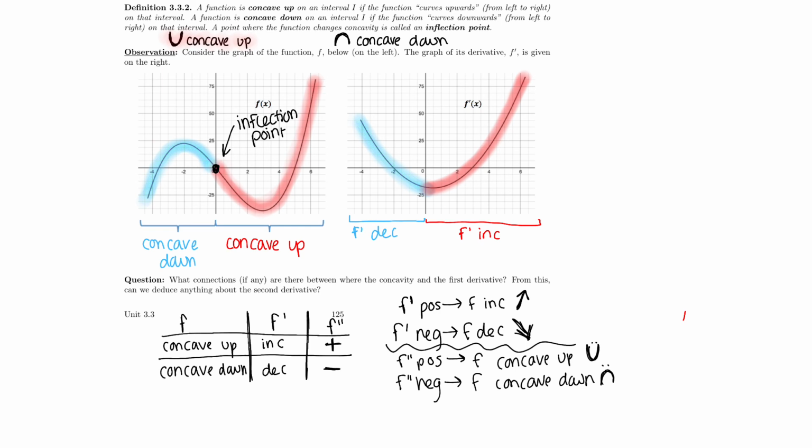So if I knew that the derivative was 0 somewhere, and I knew the concavity at that area, I could tell if it was a max or min. If the derivative is 0 and I'm concave down, then it's a max. If the derivative is 0 and I'm concave up, then that is going to be a min.